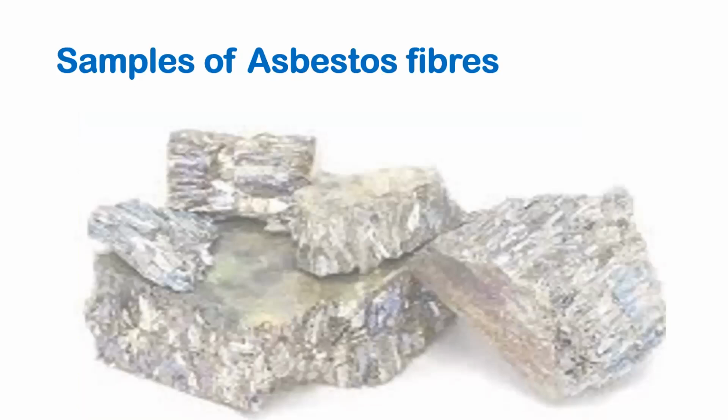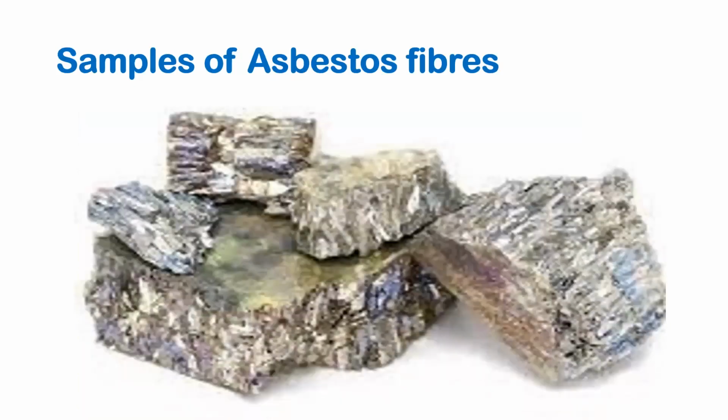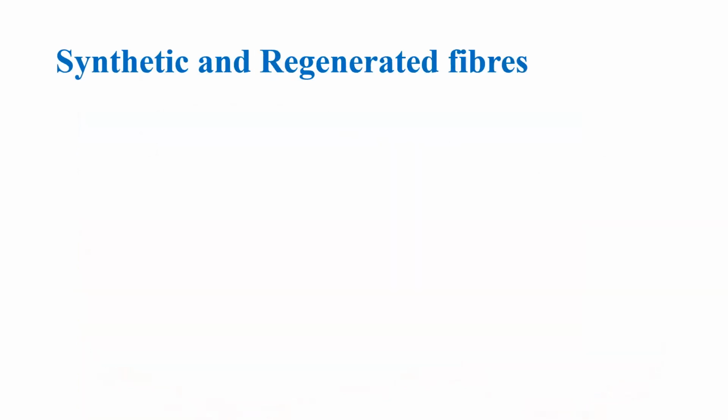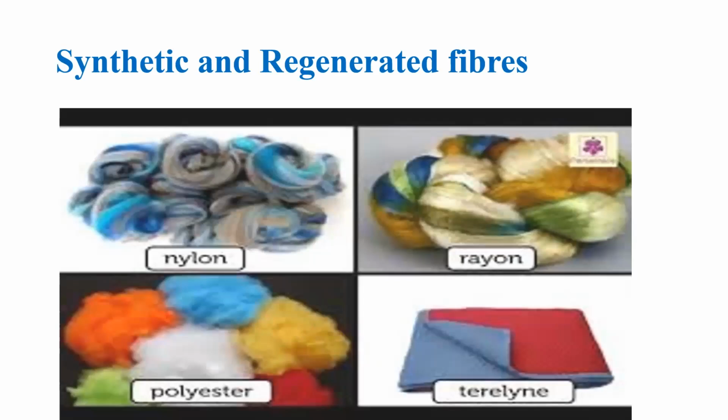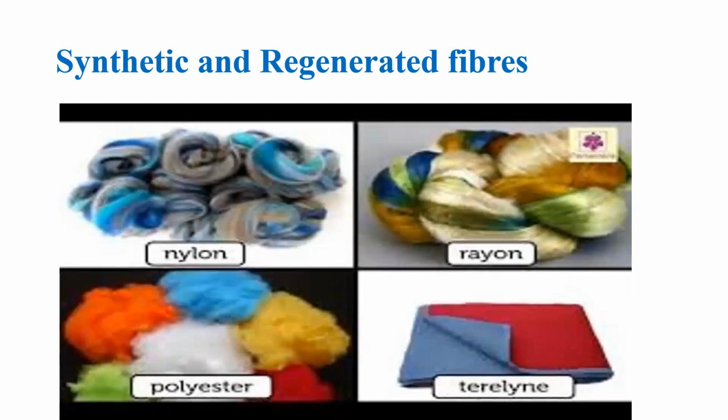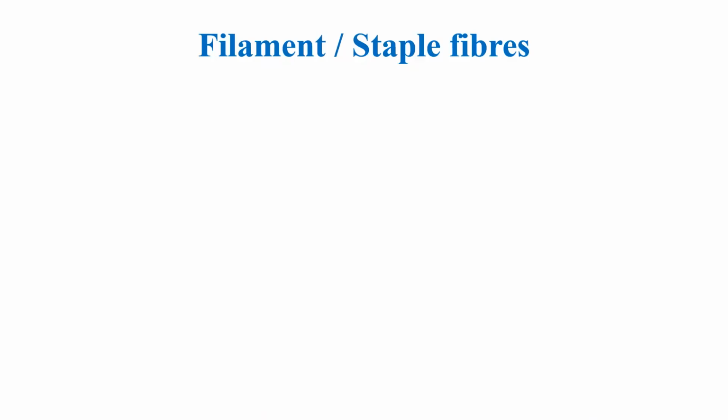An example of asbestos, you get them from rocks like this. Okay. So the synthetic, we have the nylon, the rayon, the tyrene, then we have the polyester. These are introductory to the discussion, so we shall take them one after the other.